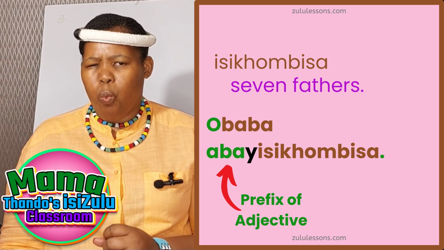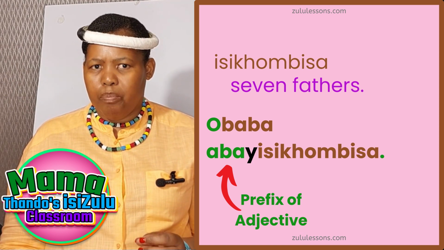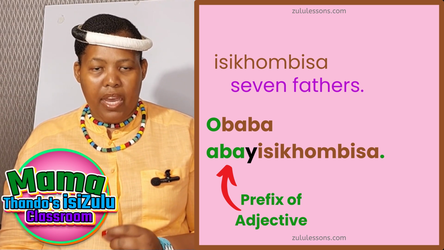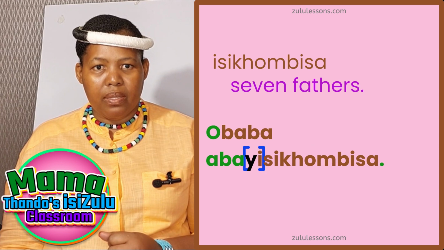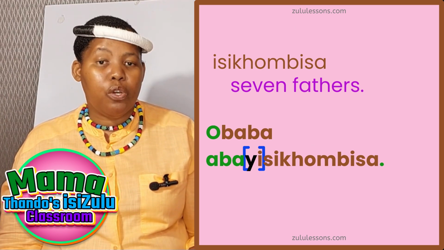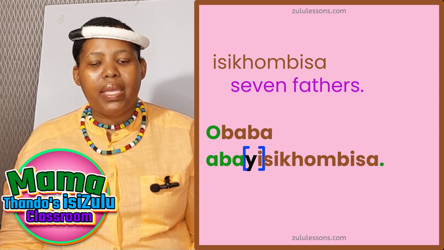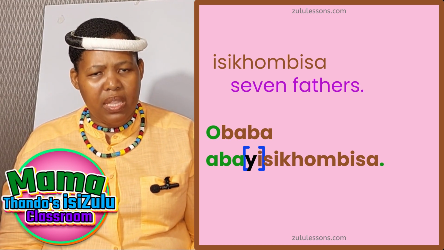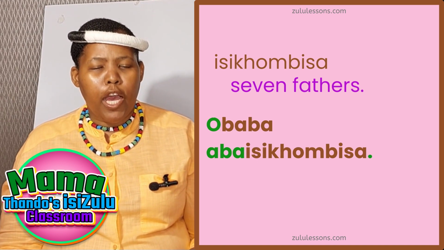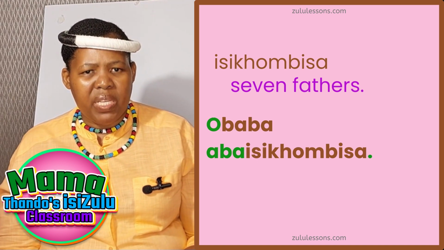But what is that y between the prefix of the adjective and the adjective itself, the number? That y is playing a very important role. If the y was not there, let's remove it. We would have aba isikhombisa.